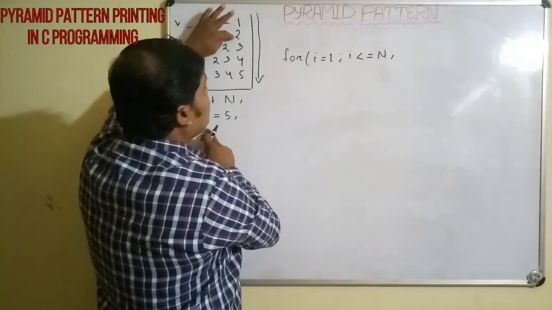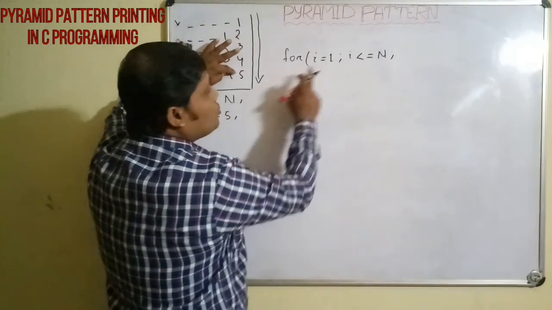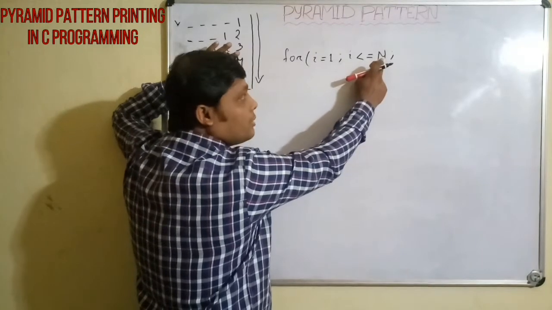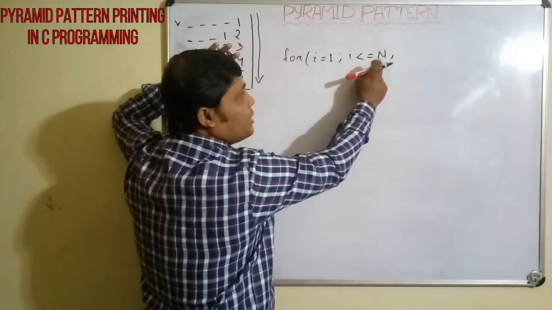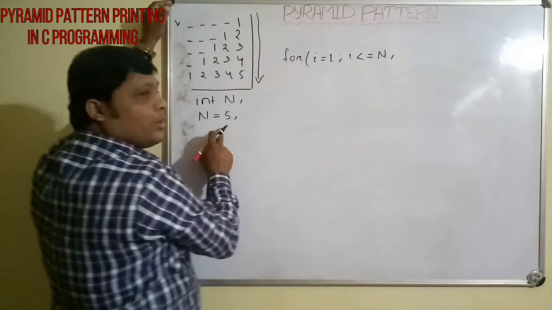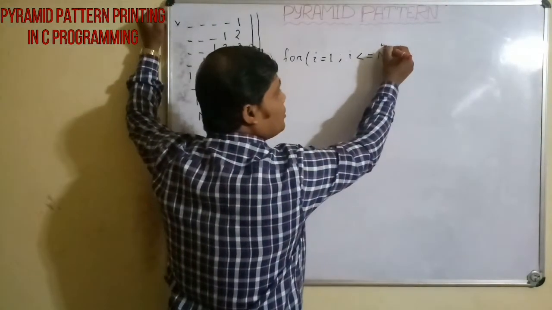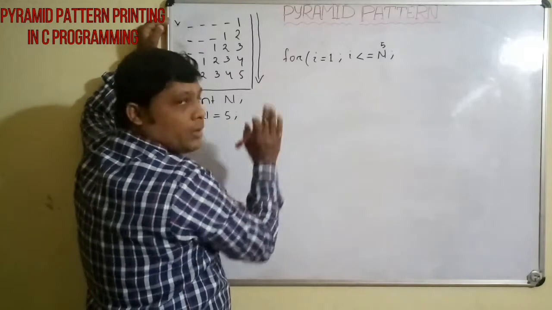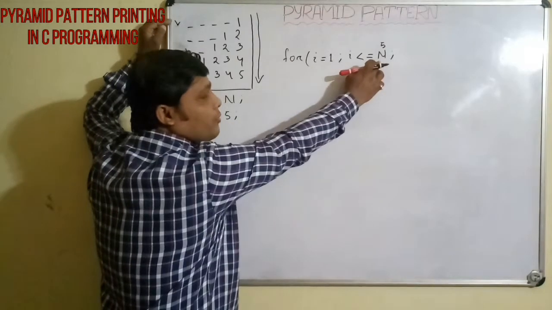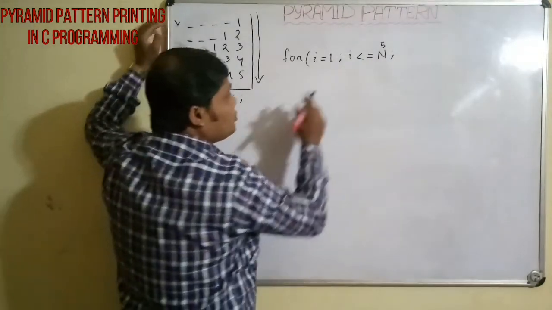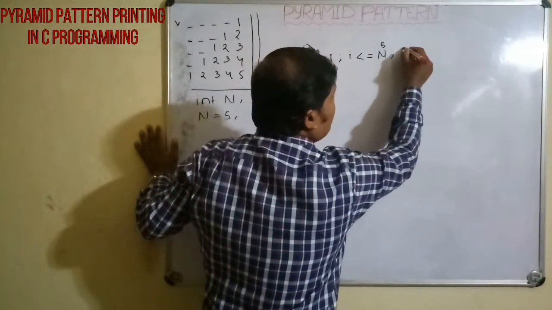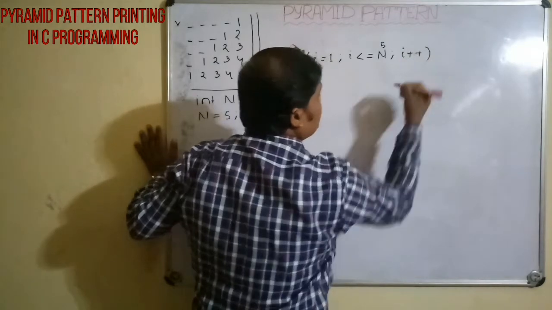I will start from 1, I less than equal to N, because there are N lines. Now I have taken the N value as 5, so this loop will continue and print 5 lines. Now see, this will be I plus plus.